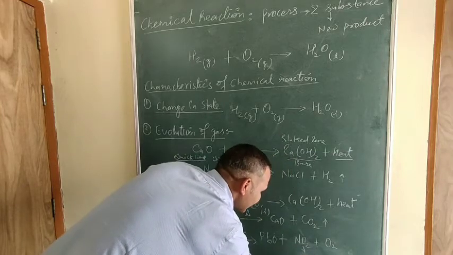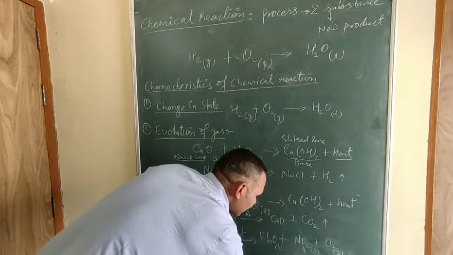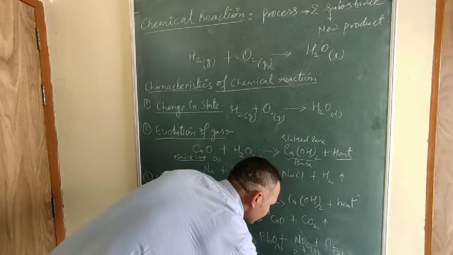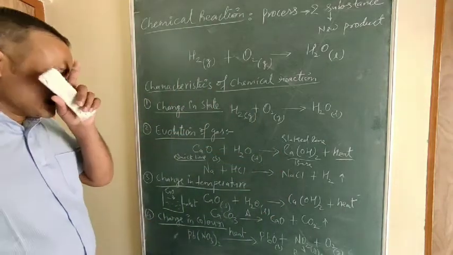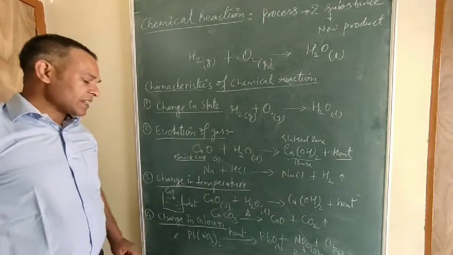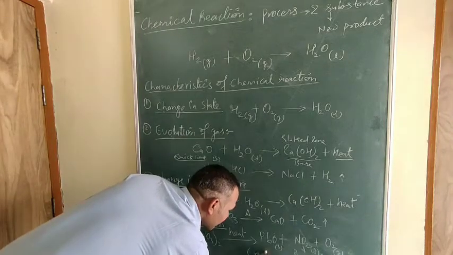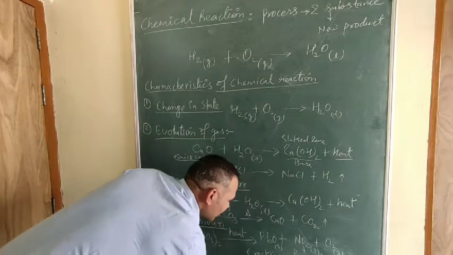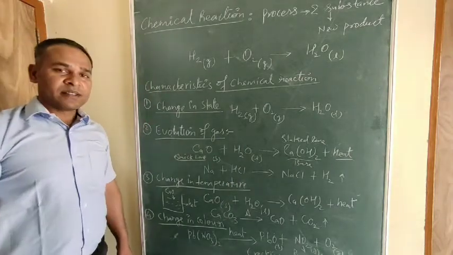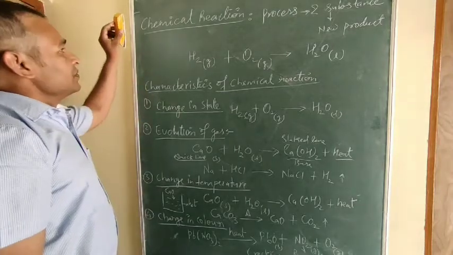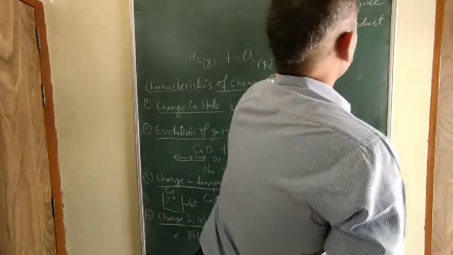This nitrogen dioxide, which is a gas, has brown color fumes; brown fumes of nitrogen dioxide come out when this reaction is taking place. Also we can hear the crackling sound. These are the two observations in this reaction. Is it clear? Now you can pause the video or note down the characteristics. Moving ahead.